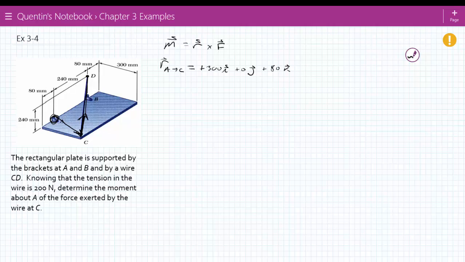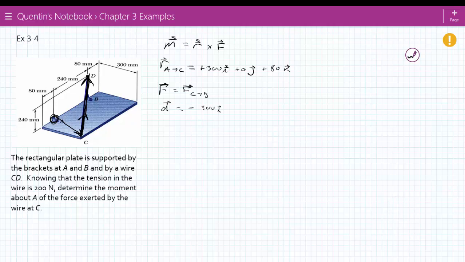Now we need to do r cross f. So what is f? f is the force along the vector from C to D. We don't know what that force vector is, but we know the vector C to D. It's going to be minus 300 in the i direction, going from here to there, so we're going back 300.